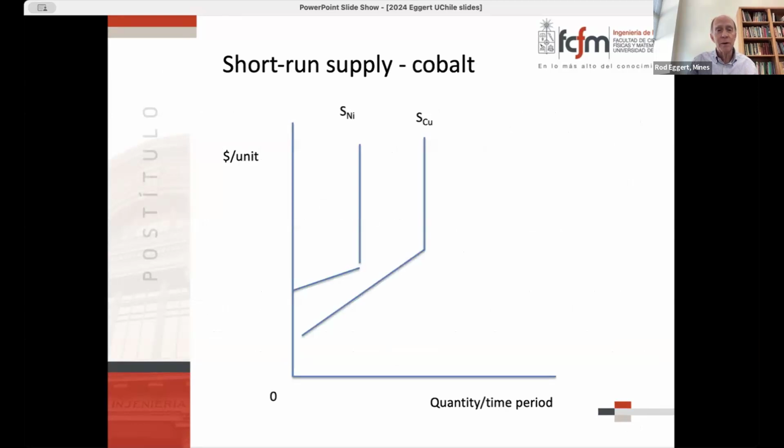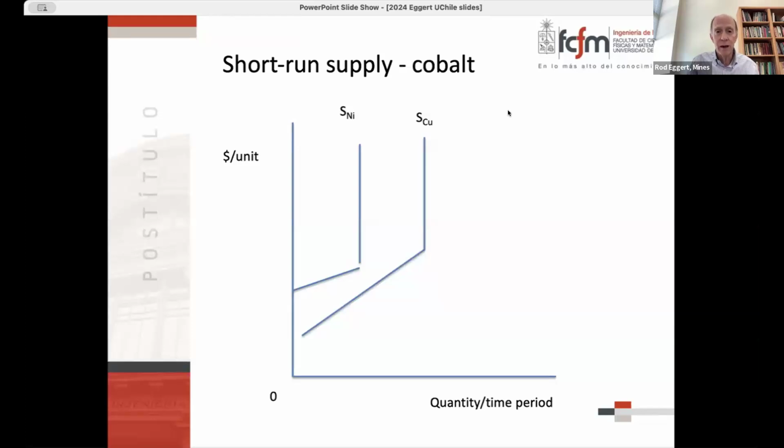So let's talk about short-run supply for cobalt. Here's one way of drawing the components of supply. I have S, meaning supply, Ni, meaning nickel. The axes are cost per unit on the vertical axis and the supply rate, quantity per time period, on the horizontal axis. We have the supply of cobalt from nickel mines, indicated by one supply curve, and the supply of cobalt from copper mines, the other curve.